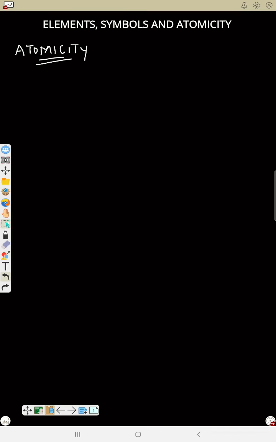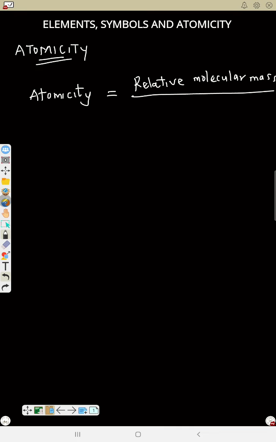Now, how can we find atomicity of an element? So the atomicity we are talking about, how can we find it? Number one, we can say atomicity is equals to relative molecular mass over relative atomic mass.